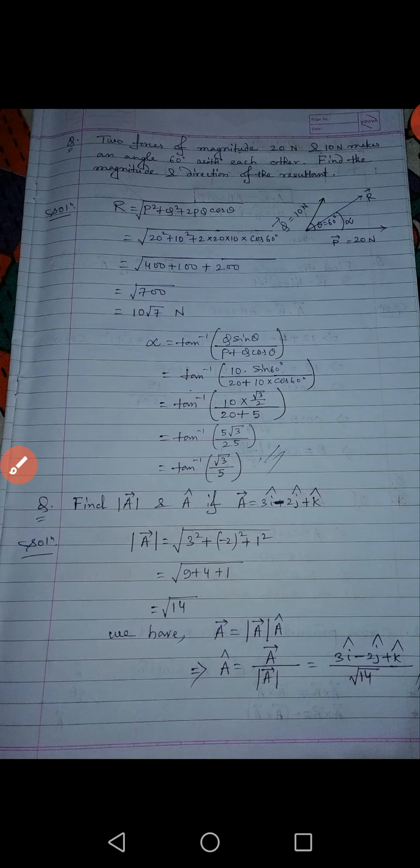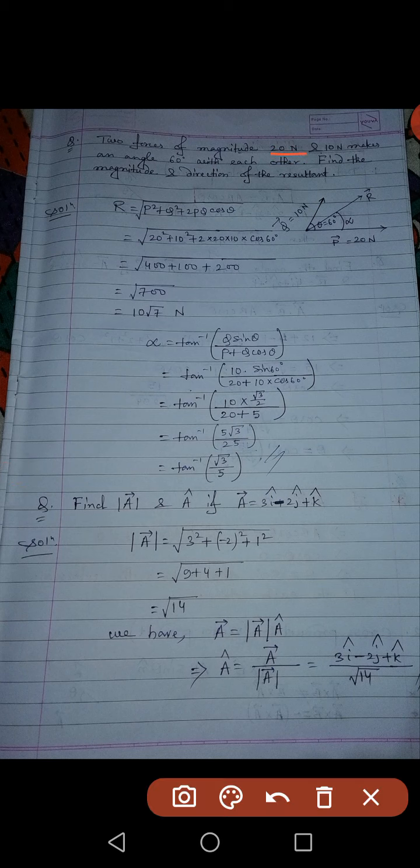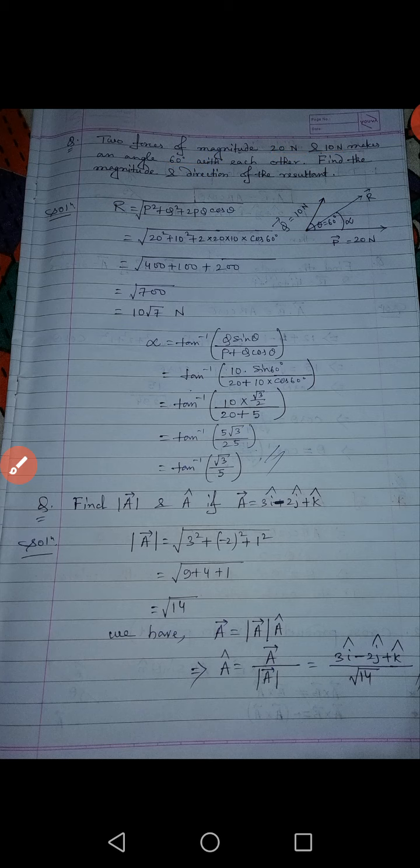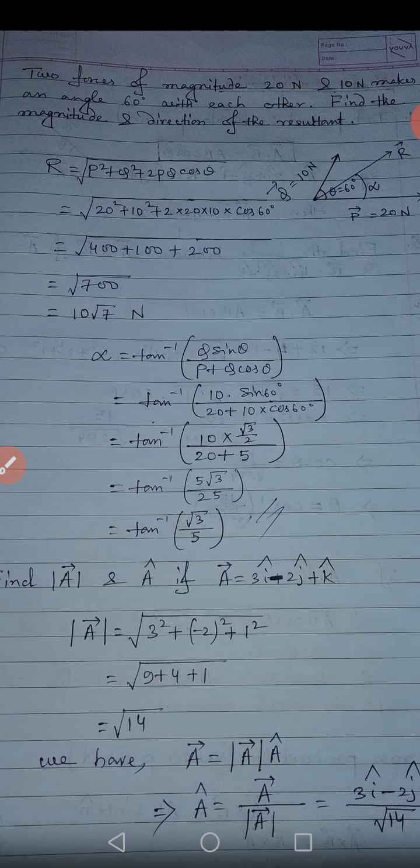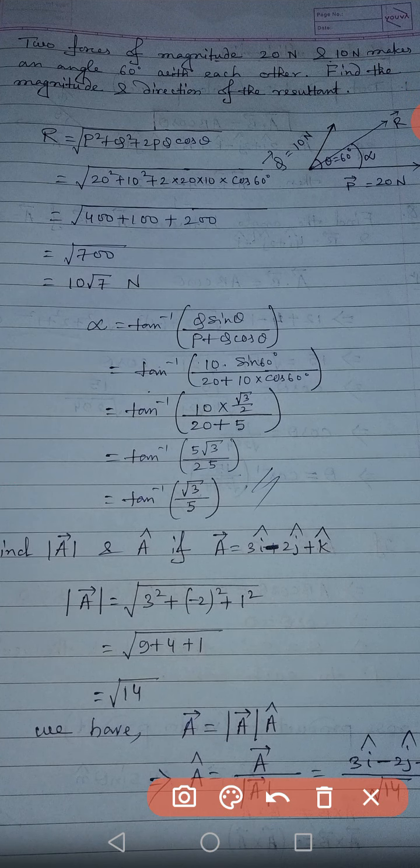This one, see here: two forces of magnitude 20 Newton and 10 Newton make an angle of 60 degrees with each other. Find the magnitude and direction of the resultant. Simple application of the formula. First of all we have to draw the diagram like this. Here the P vector is considered this side, the Q vector is considered this side, and the resultant is R, which is this one.